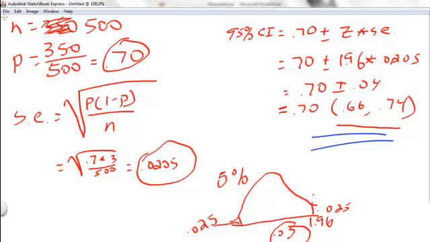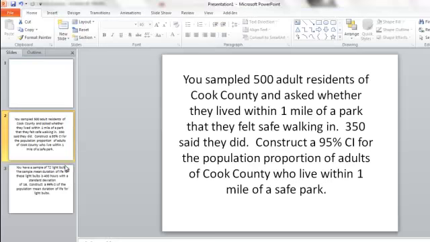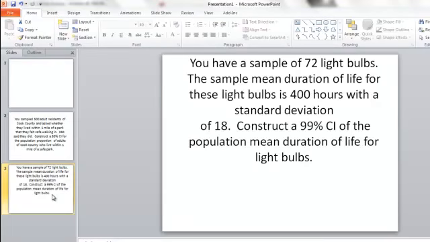Now let's do a confidence interval using a continuous variable. And here's the question. You have a sample of 72 light bulbs. So that tells you right now your n is 72. The sample mean duration of life for these light bulbs is 400 hours with a standard deviation of 18.